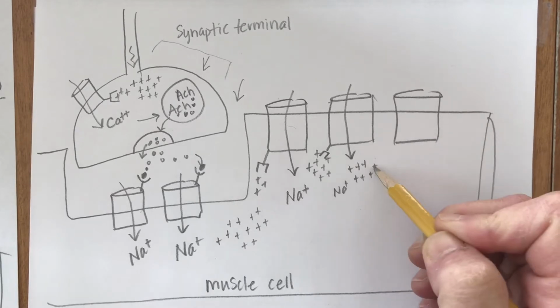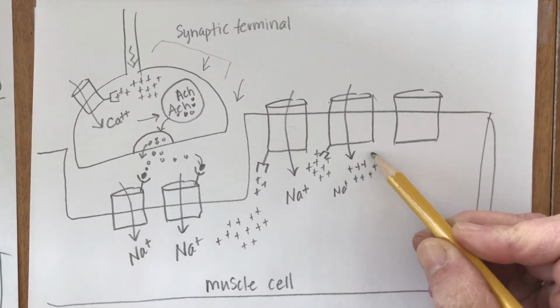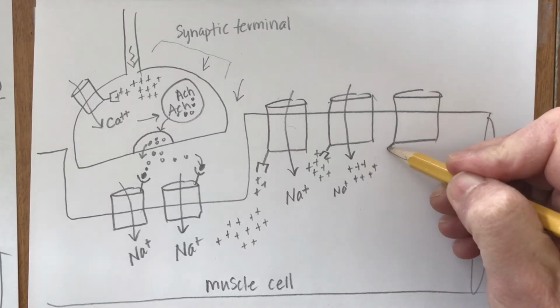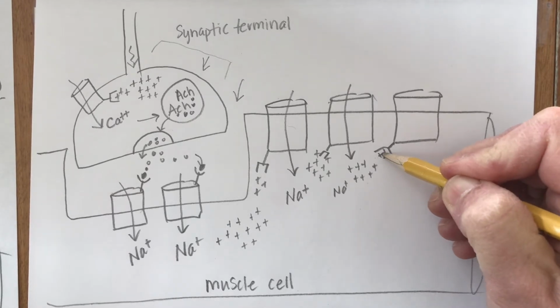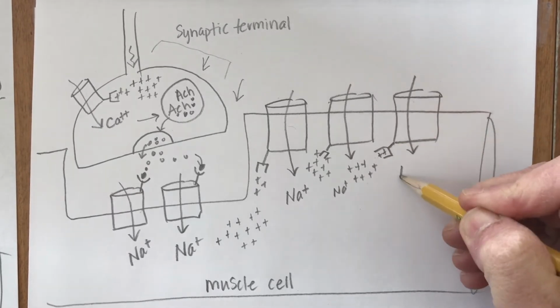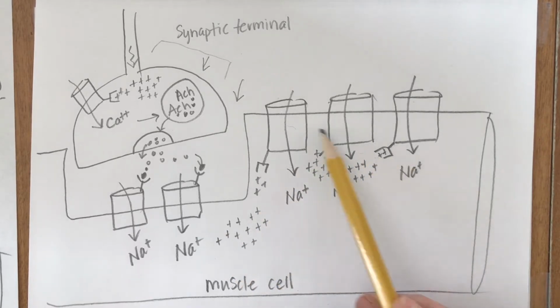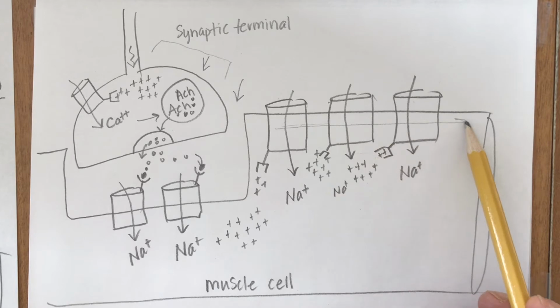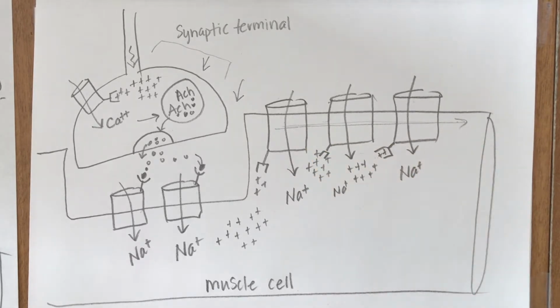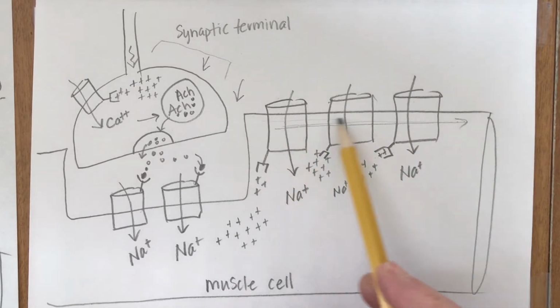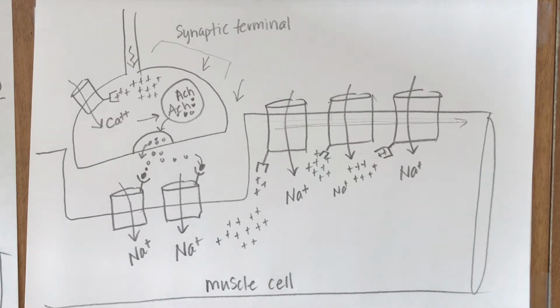And this influx of sodium ions, this positive charge, triggers a neighboring voltage-gated sodium channel to open. And in this way, we say that an action potential or flow of ions is propagated down the length of the sarcolemma, the muscle cell membrane.